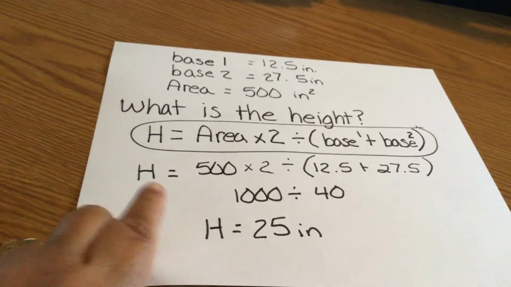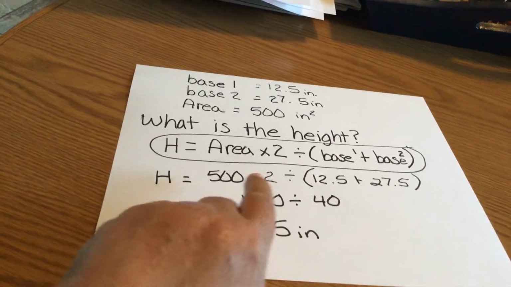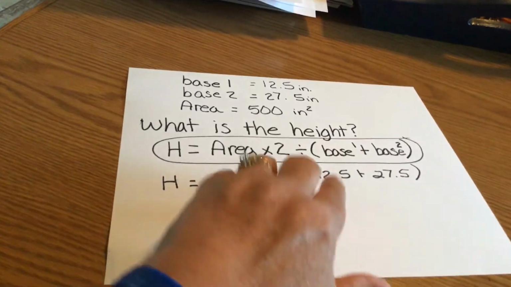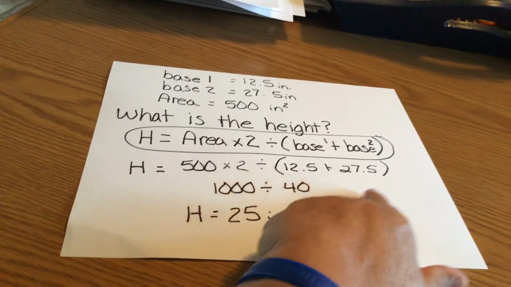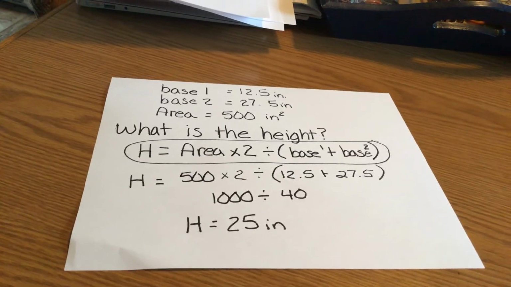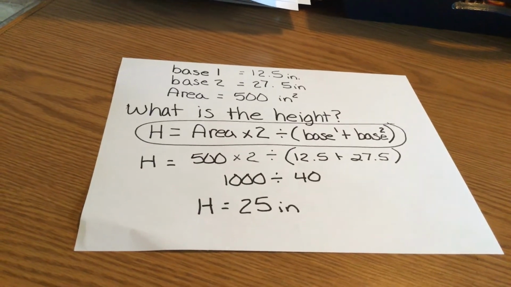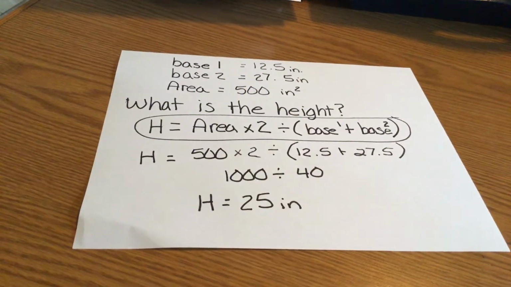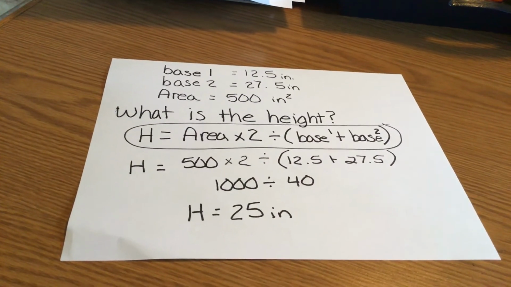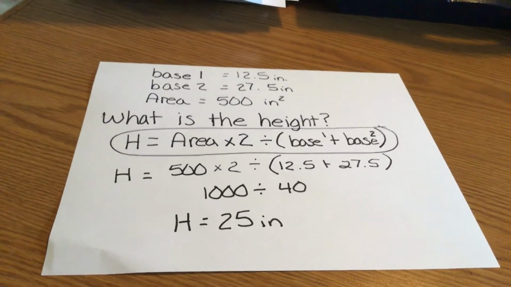If you fill in your numbers, H equals 500 times 2 divided by 12.5 plus 27.5, which gives you 1,000 divided by 40, and then H is going to equal 25 inches. And remember that this is not squared because it's not finding area. All you're trying to find is the height.